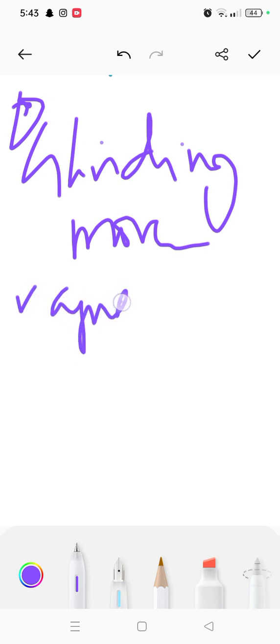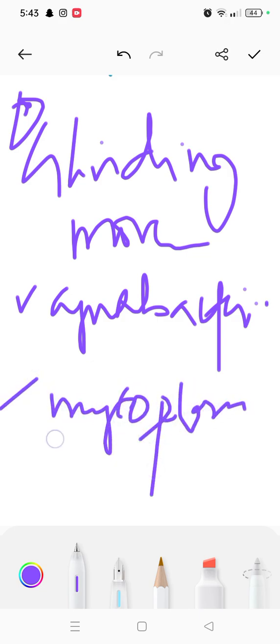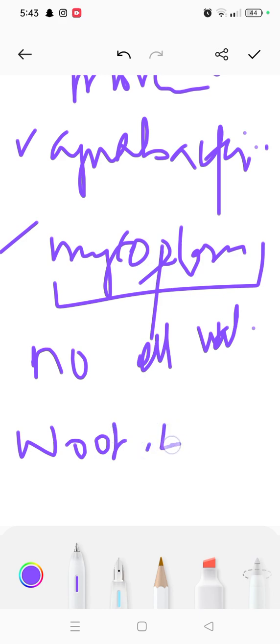The best example would be cyanobacteria, and they also have mycoplasma. Mycoplasma has no cell wall, and this mycoplasma also shows gliding movement. This also helps on substratum like wood, bark, and shell-like structures. They secrete slime.